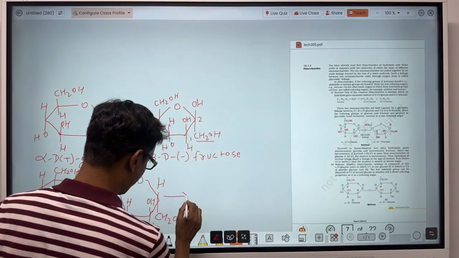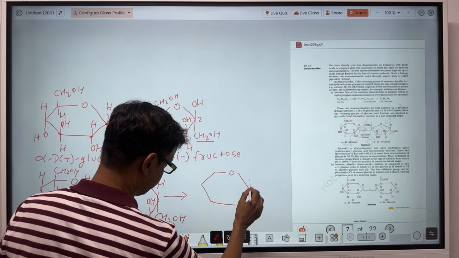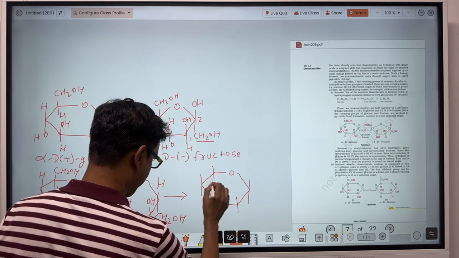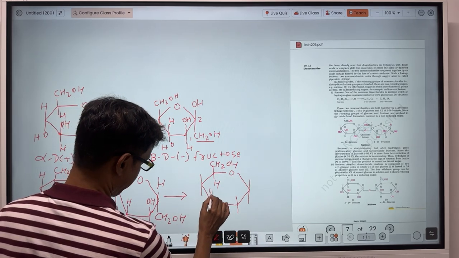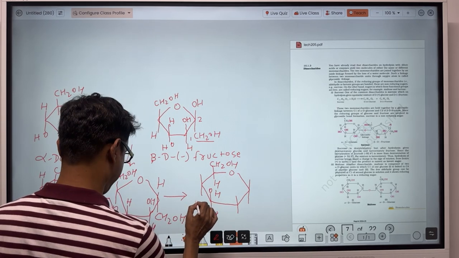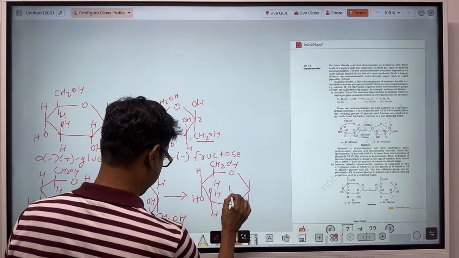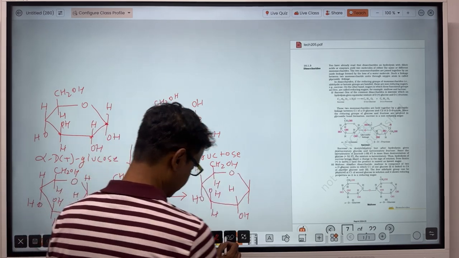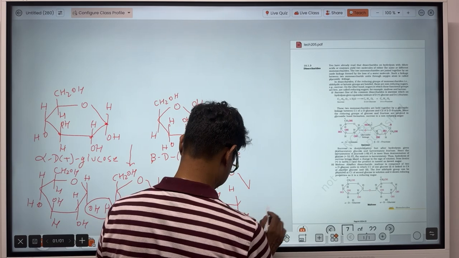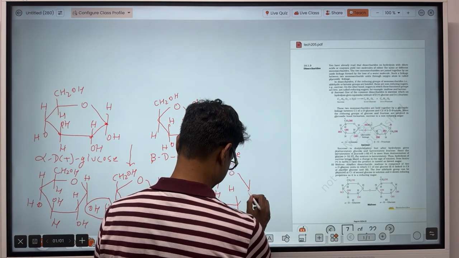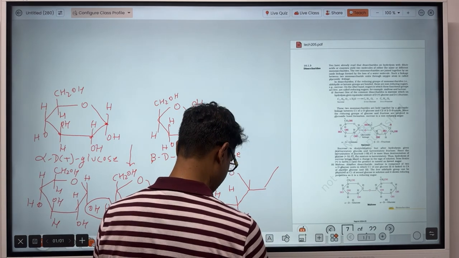So what's the structure here? Fructose will get bonded through this oxygen.